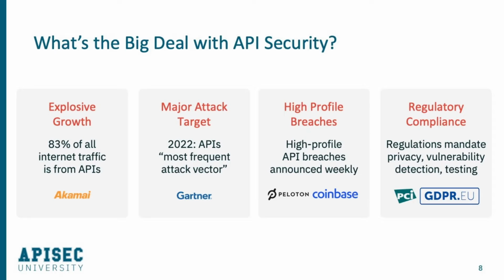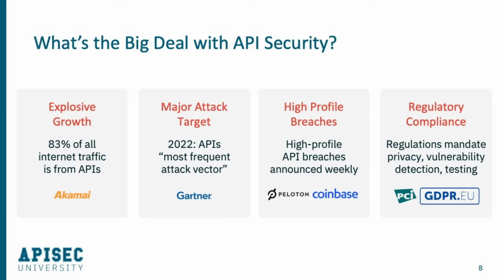We'll show you some examples, but very significant volumes of data, very significant access has been granted through APIs with unknown vulnerabilities, with logic gaps and the like. So there is a very significant risk that comes with APIs that needs to be addressed and mitigated.